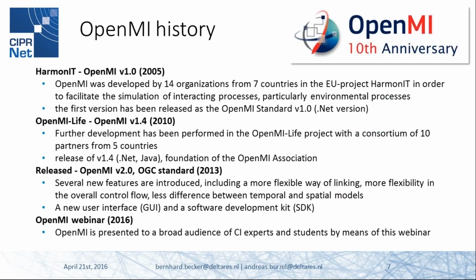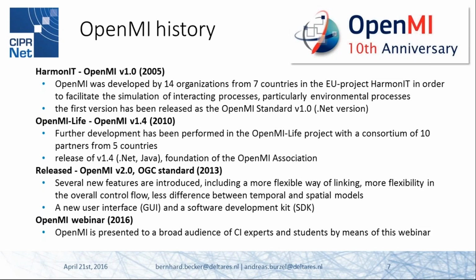Last year, OpenMI celebrated its 10th birthday, and it all started in 2005 with the HarmonIT project. OpenMI was developed by 14 different organizations from 7 countries in the EU project HarmonIT in order to facilitate the simulation of interacting processes, particularly environmental processes.